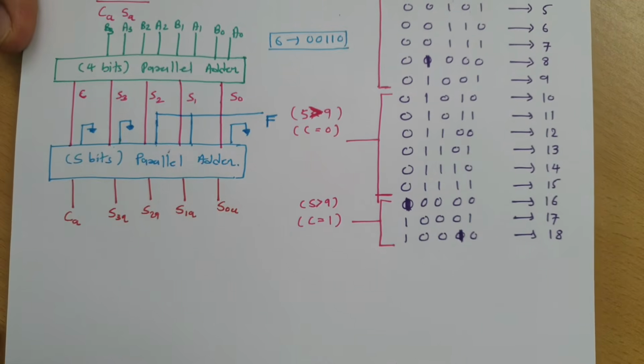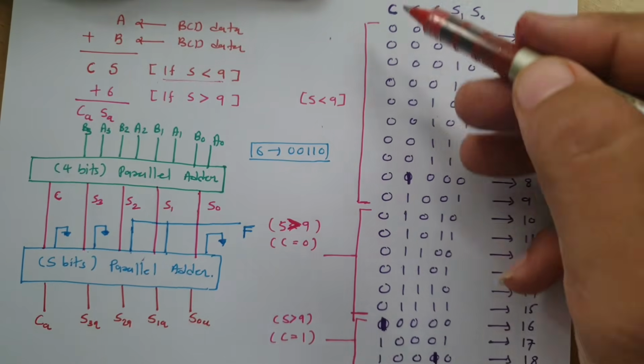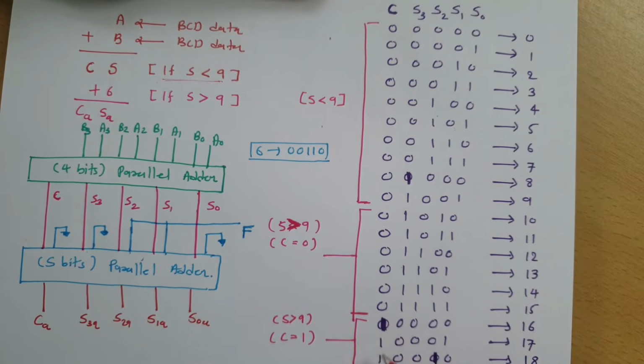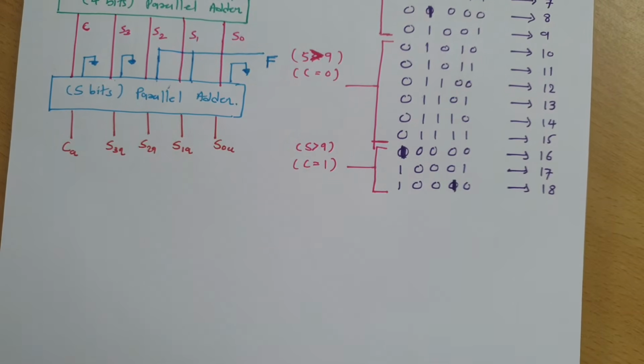So if you observe this table, in this table this C is 1, that is one condition, in which we can make sure S is greater than 9, right? So let me mention that condition over here.